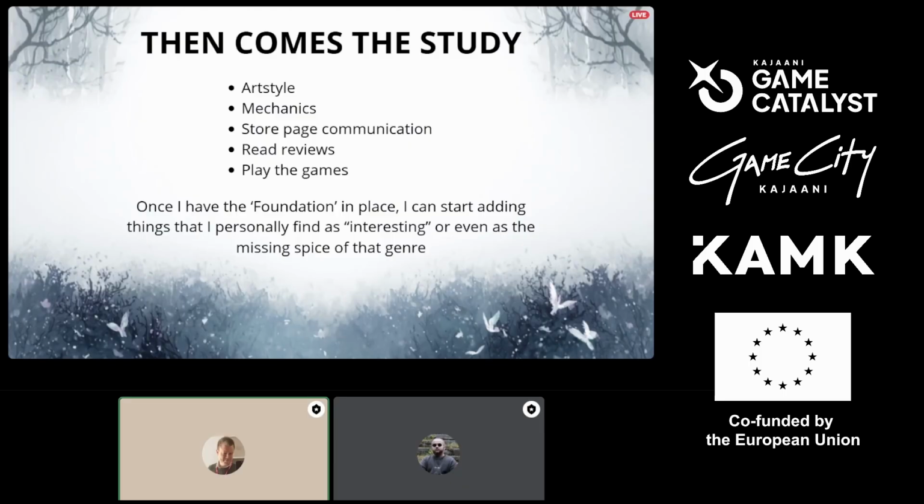But also adding those things that I personally find interesting, or the missing spice of that genre. I obviously have no clue what those could be, but once I have played those through and looked at the reviews, especially the bad reviews, I may understand what people want more for the given genre.